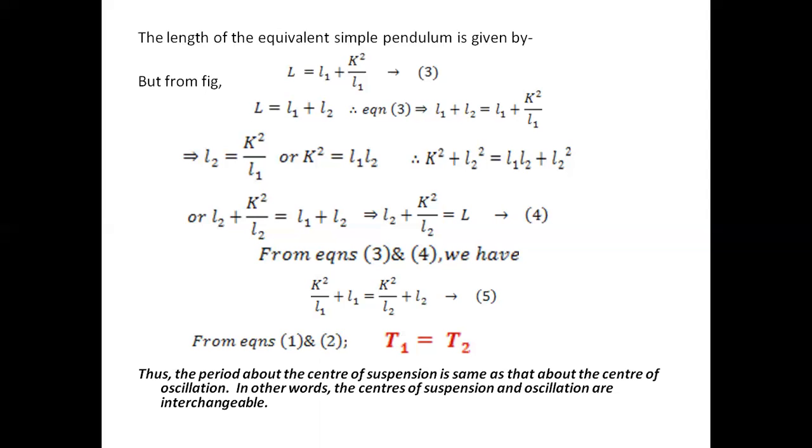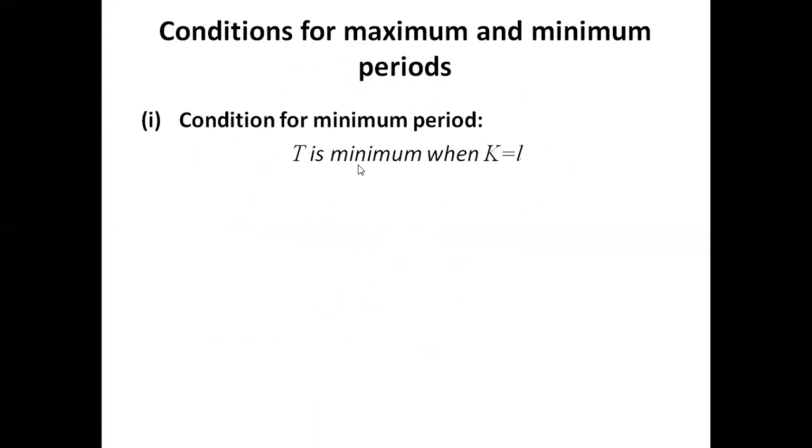Then what are the conditions for maximum and minimum time periods of a compound pendulum? At what point will we get a maximum time period, and at what point a minimum time period? The condition for minimum time period is that T will be minimum when k takes the value equal to L. What is this L?